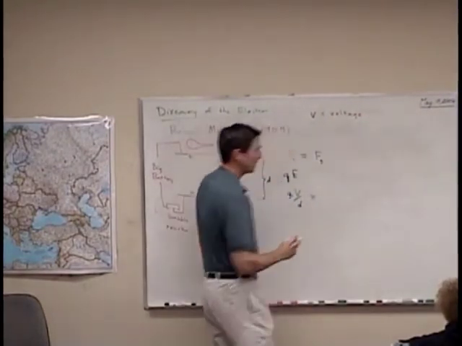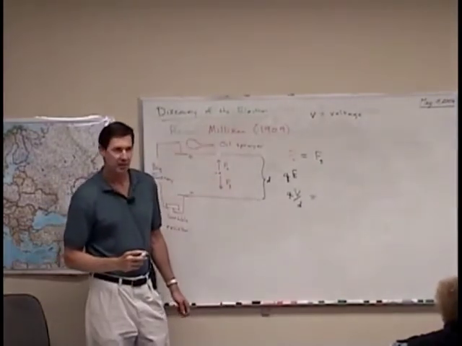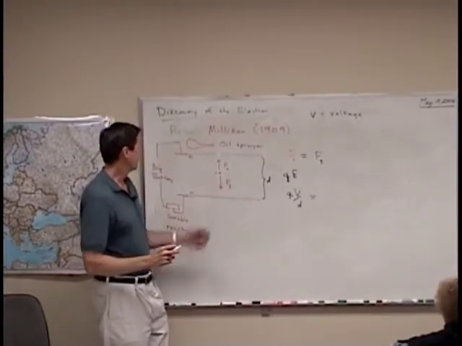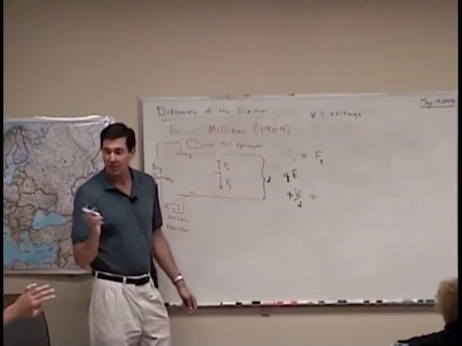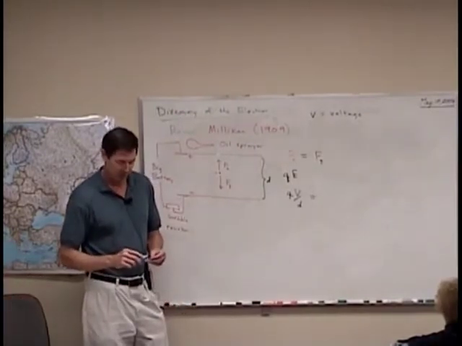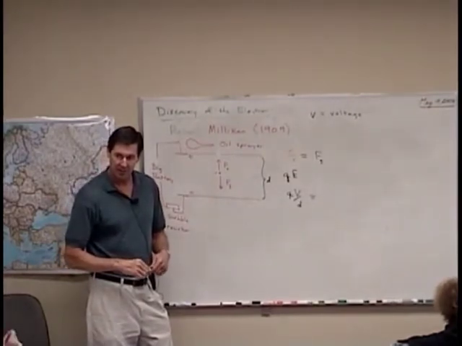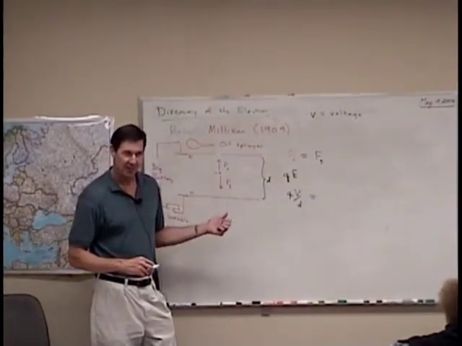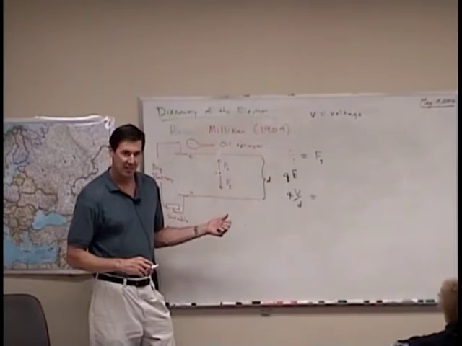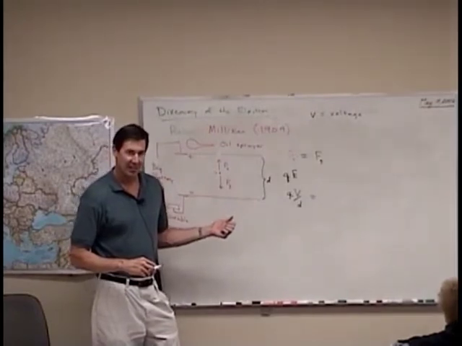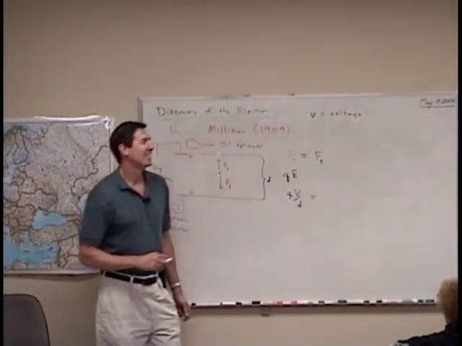Now, what's the gravitational force on this little oil drop? Troy. Gravitational constant times the mass of the electron times the mass of the Earth, all divided by the distance from the center of the Earth squared.